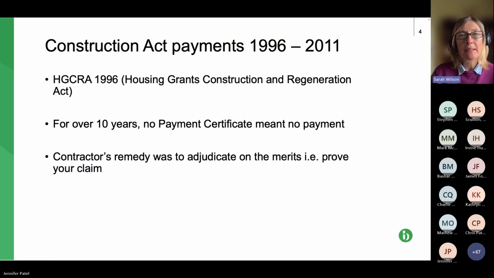Okay, so a little history lesson. In construction, we're very special because we have the Housing Grants, Construction and Regeneration Act. Obviously it's the construction bit that we're interested in, from about section 109 onwards.